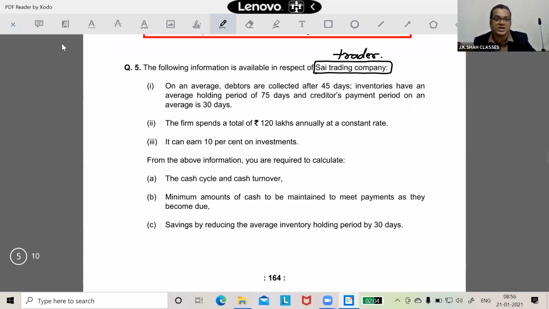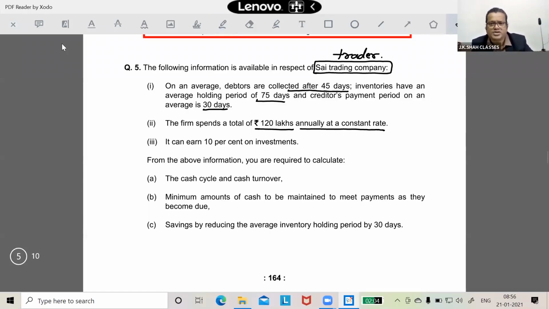See, on an average, debtors are collected after 45 days. Inventories have a holding period of 75 days, and the creditors' payment period is 30 days. Okay, fine. The firm spends a total of 120 lakh annually at a constant rate. It can earn 10% on its investment. What you have to do?